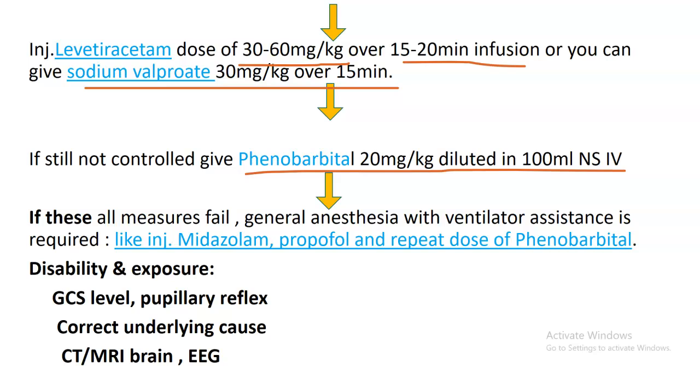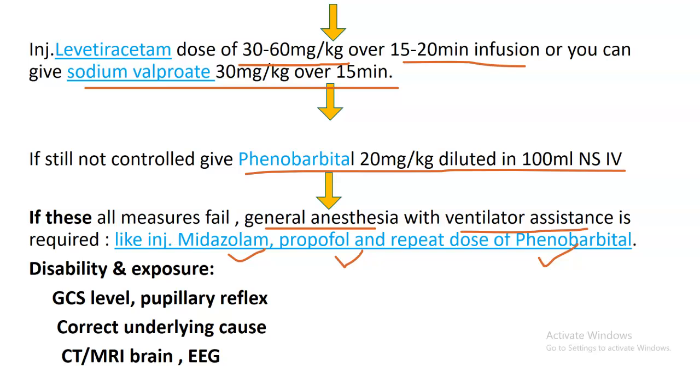If the patient still fails, we need to call general anesthesia because the patient might need ventilator assistance, and mostly they give injection midazolam, propofol, and then repeat the doses of phenobarbital. So this is a short overview of how to treat seizures if you are faced with such a case.